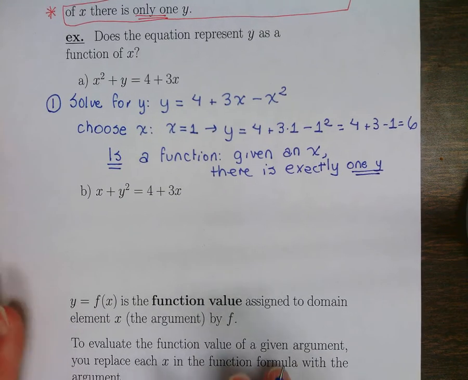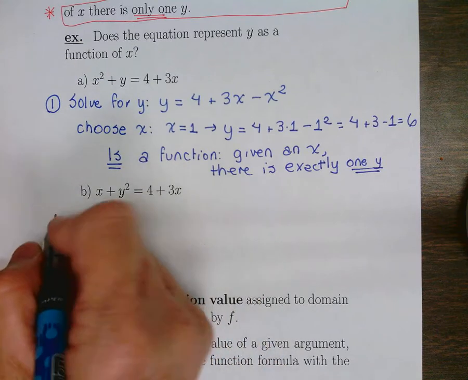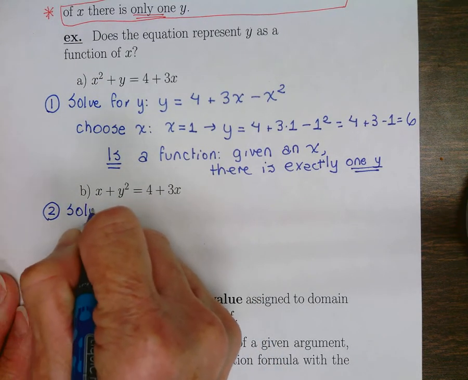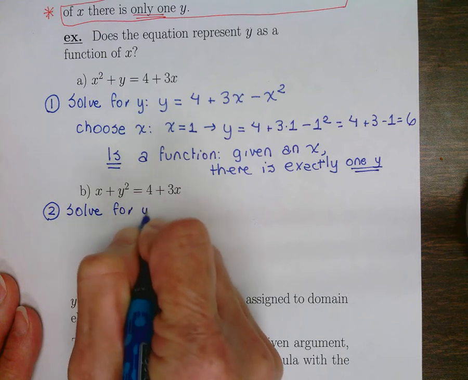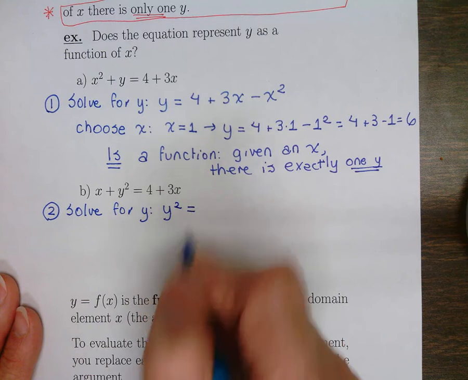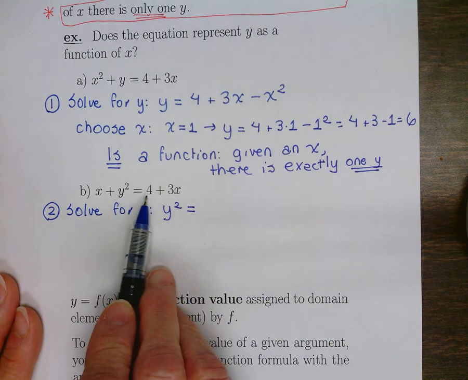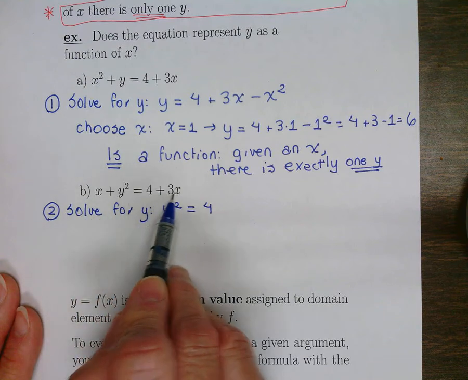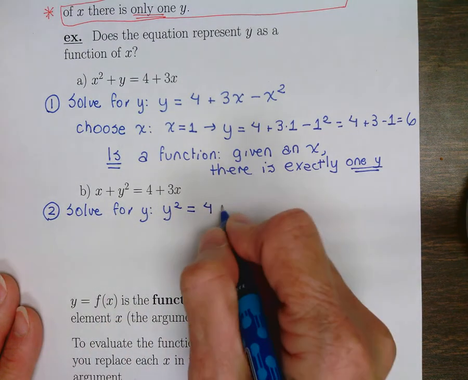All right. Now let's look at a second example, and we'll do the same thing, solve for y. And we get that y squared equals, let's see, 4, and bring this over, and I get what, 4 plus 2x?